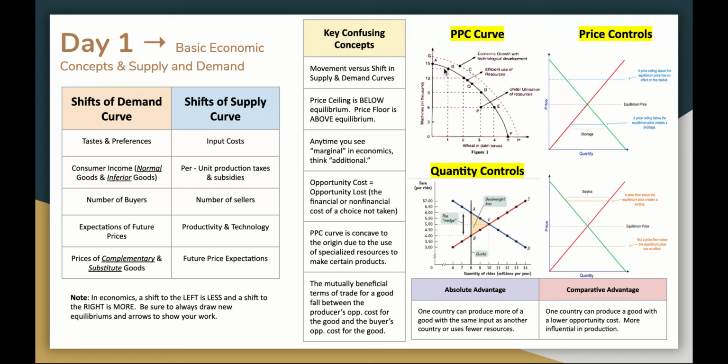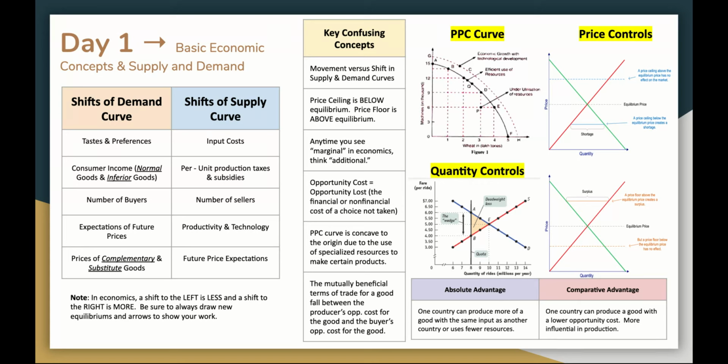And very important to realize that anything actually on the PPC curve, so in this example point A, point B, point C, point D, point E, point F, they're all efficient combinations. Yes, they're all different combinations, but those are all efficient.